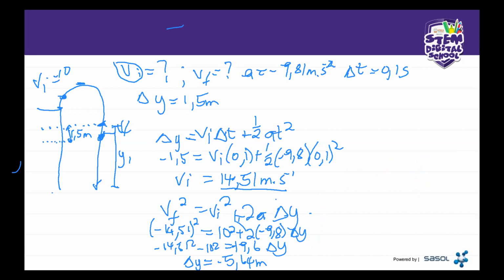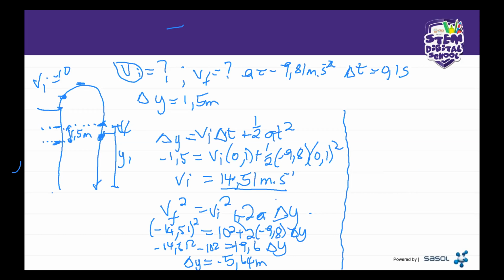So let me just draw a line here so that we can be able to see the next one. So what is our y1 in this case? Remember, now we've calculated the distance of this one right here.